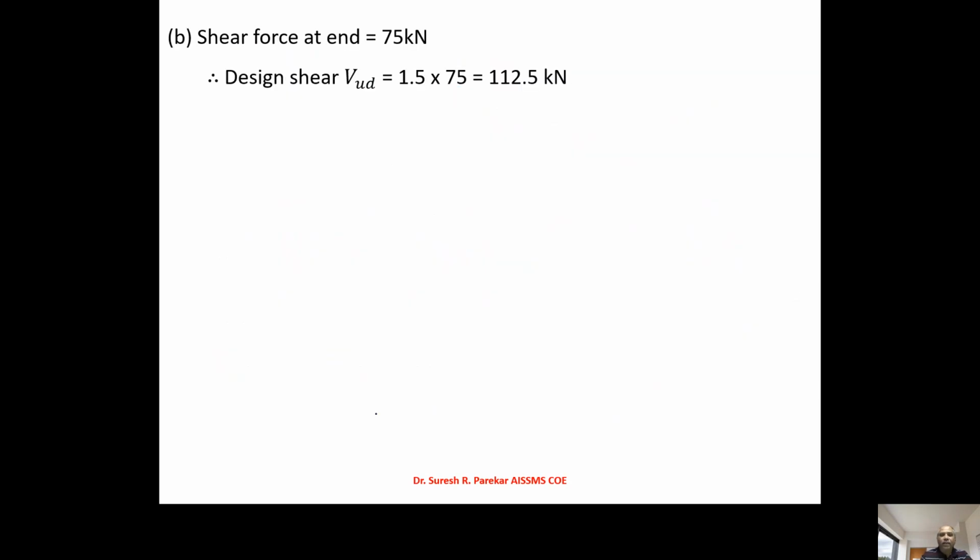Now if we go to B part, the shear force at end is 75 kilonewton, and the design shear Vud equals 1.5 into 75, which gives us 112.5 kilonewton. In the same problem we have calculated Vuc from tau uc into b into d, with tau uc 0.48, b 250 and d 400, and we got 48 kilonewton.